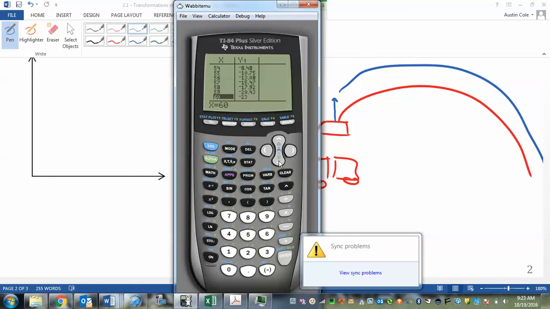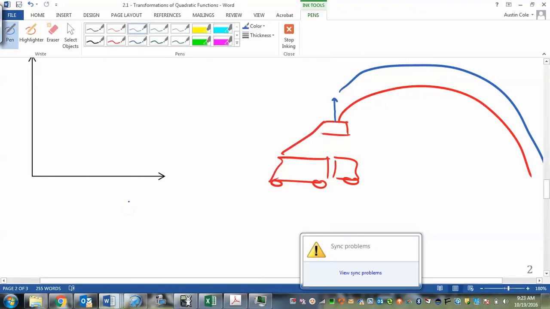Can you add 23 to 25? What, Alyssa? Add 23 to 25. So at 60, we're below the ground. We're at negative 23. We want that to be at 0. So how much do we have to shift the graph up? Up 23 feet. Okay? So our function is h of x equals negative 0.03 x squared plus x plus 25.